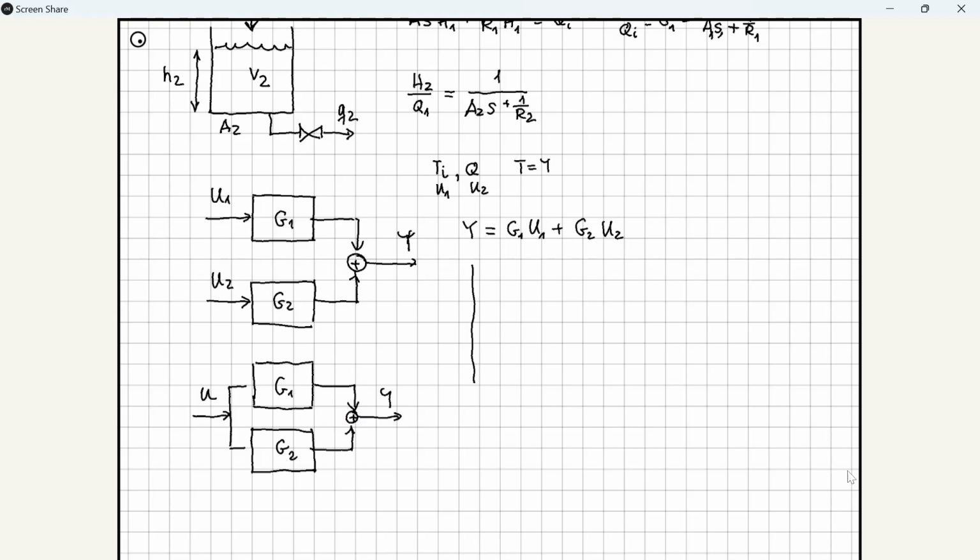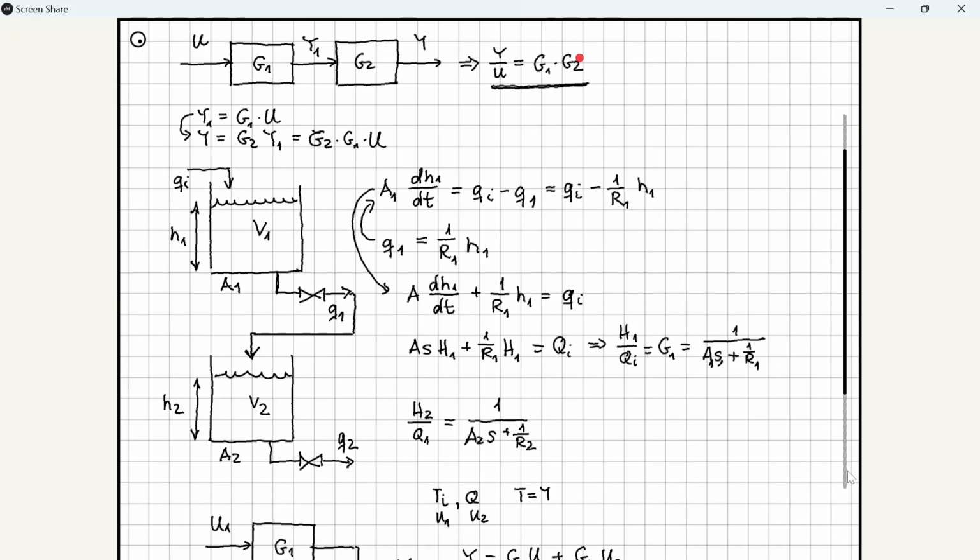We can take the same equation, but we get Y equals G1 plus G2 times U. So this is called the parallel form. And the one before is the relationship between two transfer functions when they are in series.